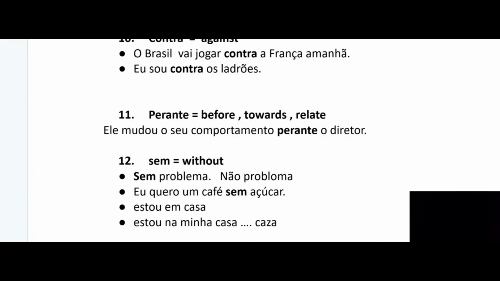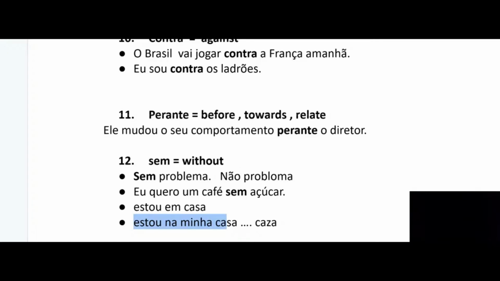Both are correct, but both are different. I'm in the house and I am at my house. Difference, 100%. I'm in the house, it doesn't mean, maybe you're in the house of someone, maybe your mother's house.